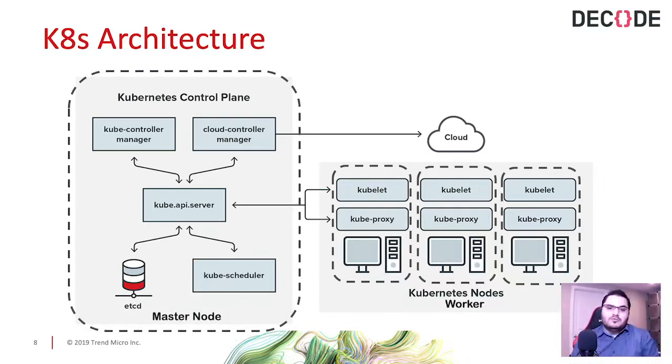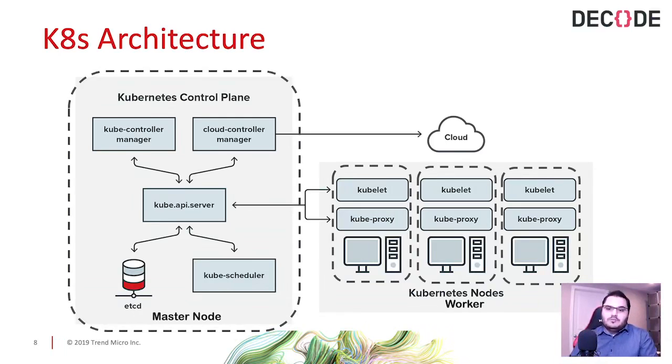You have the kube controller manager, which is responsible for many internal tasks, like noticing when a node is not responding, maintaining the correct number of pods required for a specific application, stuff like that. And you have the kube scheduler, which decides where to execute the pods, so which node each pod is going to go into, right?